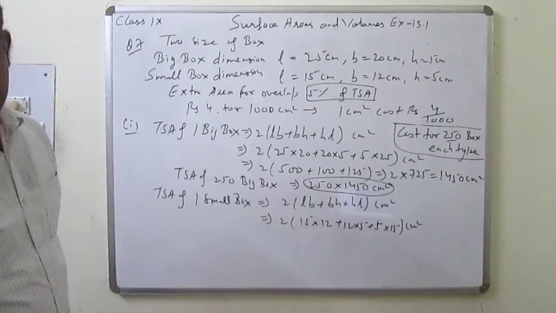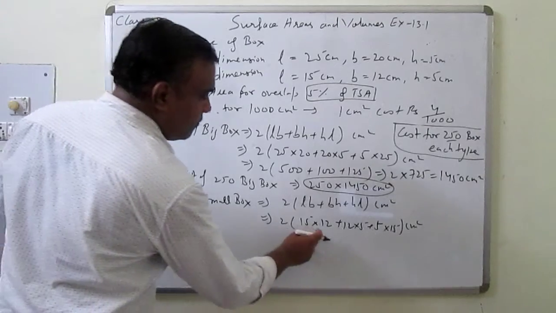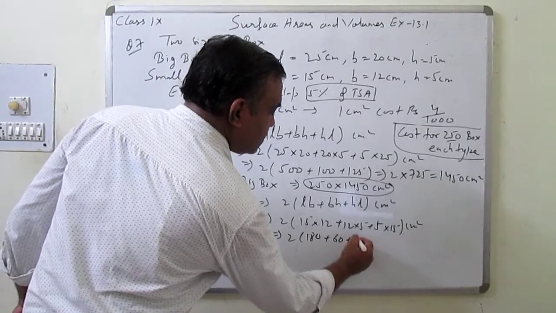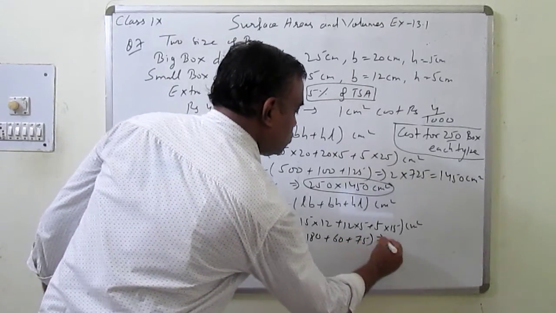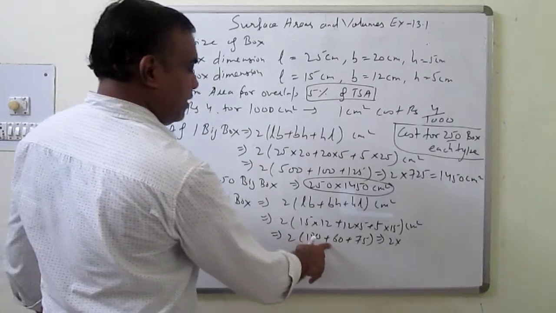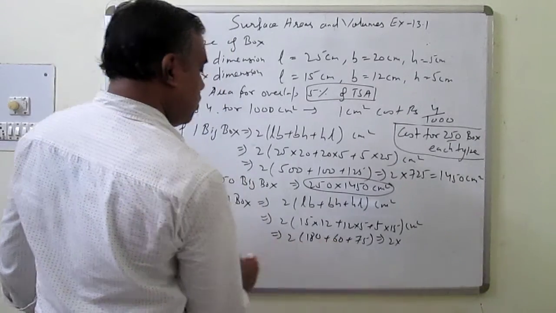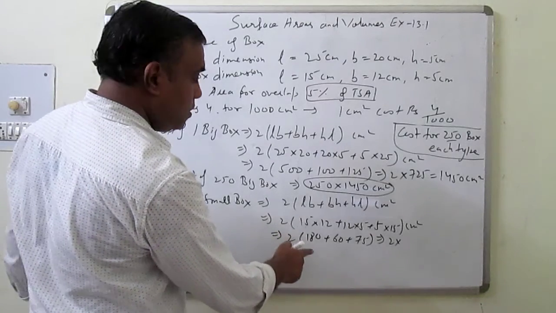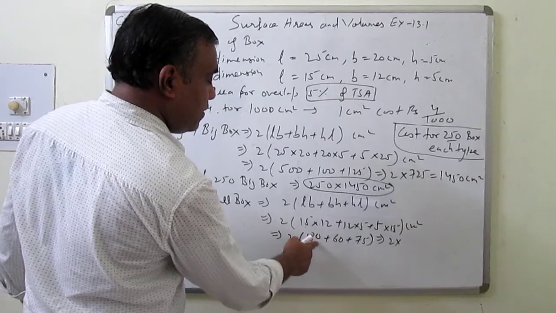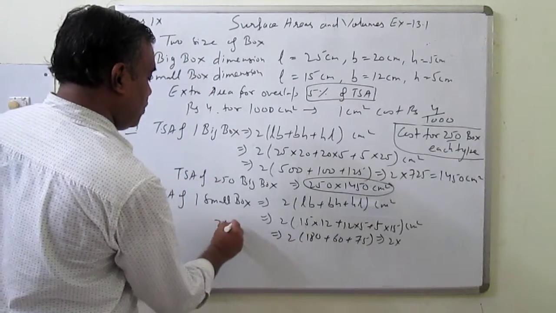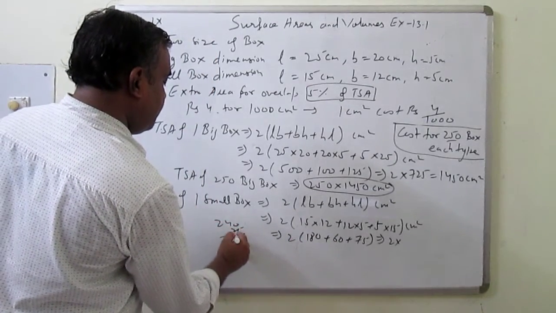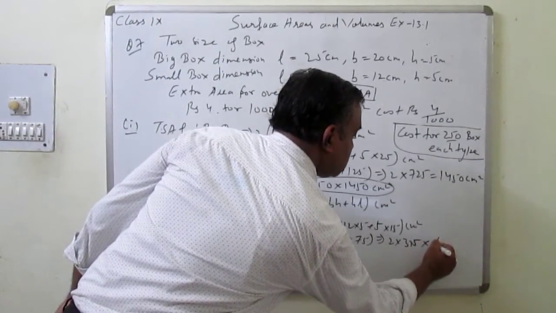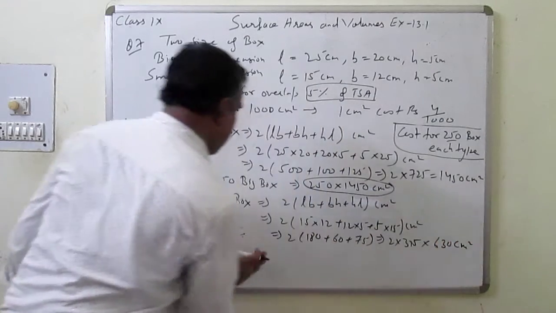Now multiply it. 15 into 12 कितना होता है? 180 plus 60 plus 75. 180 plus 60 is 240, plus 75, 315. 2 into 315, 630 centimeter square of one small box.